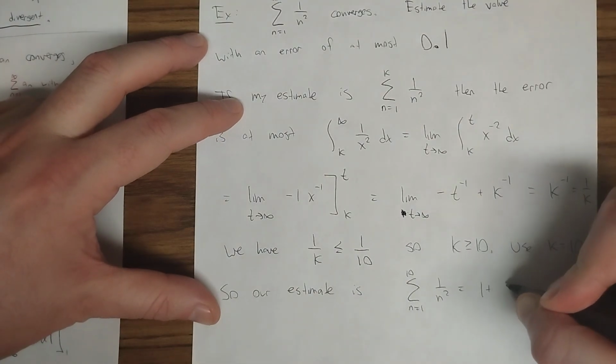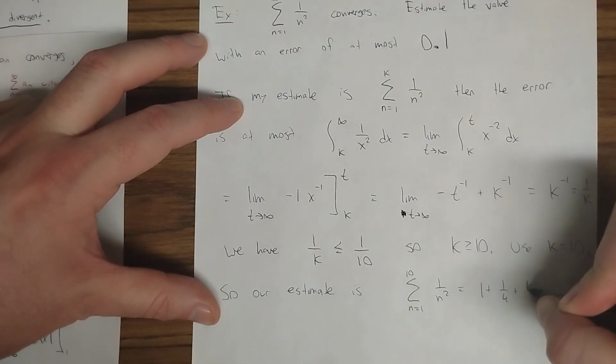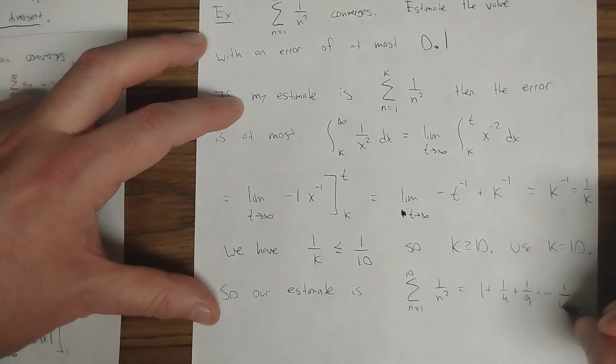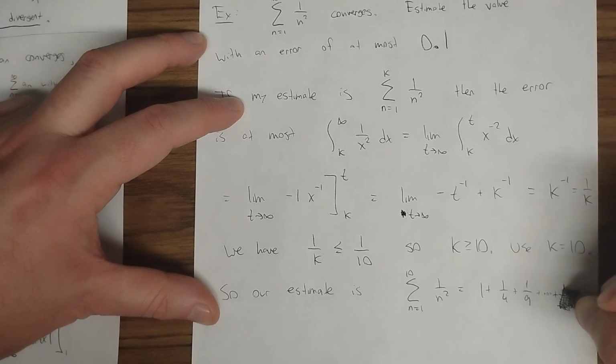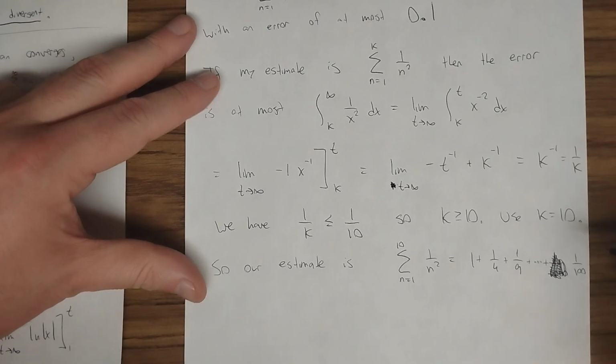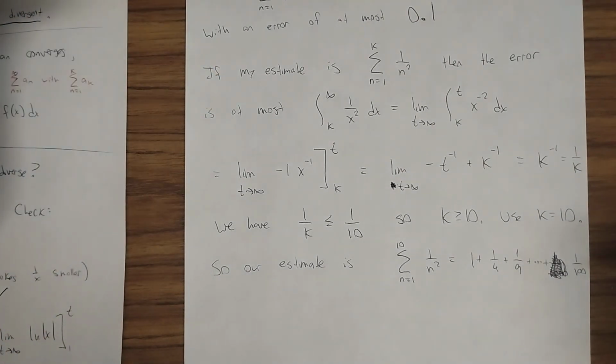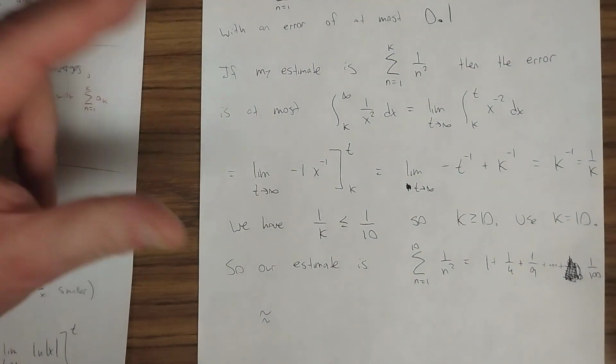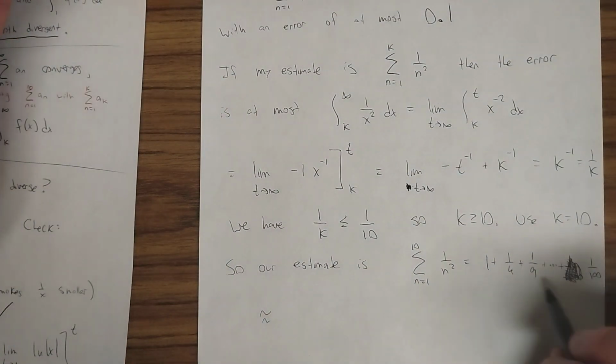So that's 1 plus a fourth plus a ninth, all the way up to 1 over 100, when n is 10. And for this, I would recommend a computer or calculator or something.